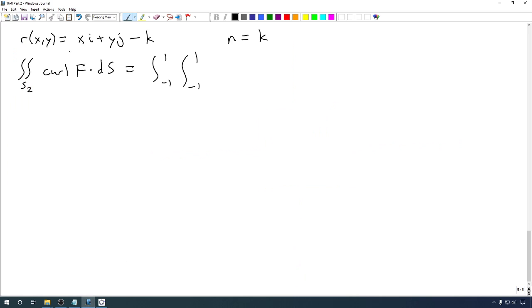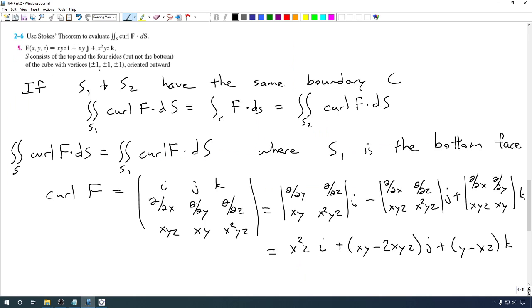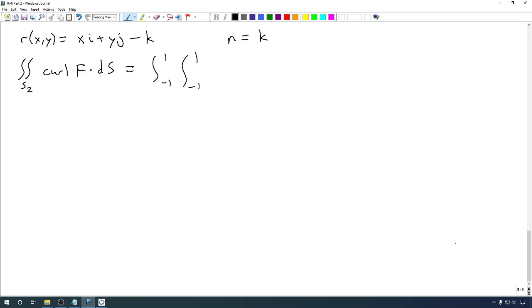We have the curl. Remember, the curl is given by this thing, dotted with our orientation, our k that we have here. That's actually pretty nice, because the k has components of 0, 0, 1. That means whatever we have here is times 0 for our first component of the curl of f. Whatever we have for the second component is also being multiplied by 0.